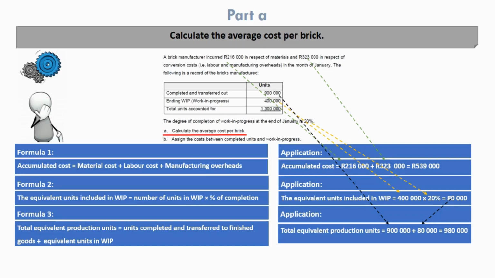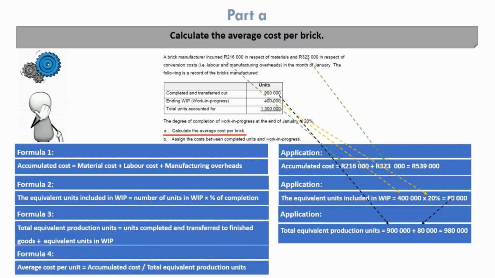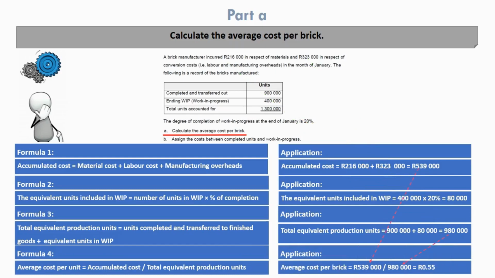Once the total equivalent units manufactured is known, the average cost per unit can be calculated. The average cost per unit is calculated by dividing the accumulated cost by the total equivalent production units. In this scenario, we'll divide the cost of 539,000 Rand by 980,000 units, giving us an average cost of 55 cents per brick.